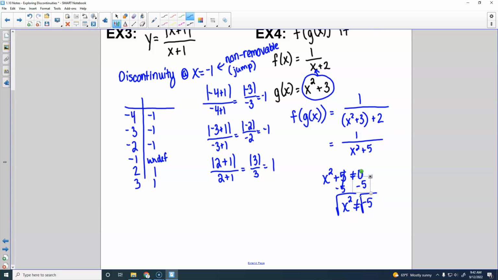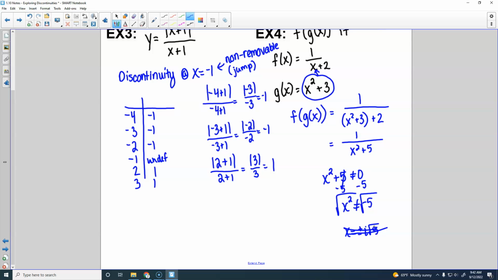But what happens when I have to square root both sides? I get an imaginary number. X cannot equal plus or minus i square root of 5. And that's an imaginary number. We're talking about the graph of this function, right? So imaginary numbers don't show up on graphs. So this is not going to be an answer for us.